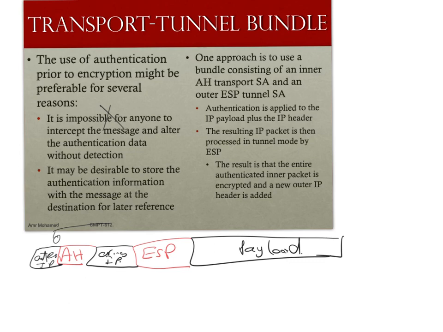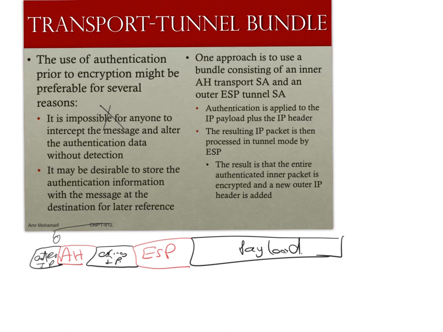Okay. So one approach is to use a bundle consisting of an inner AH, which is the one that I'm talking about here, inner AH transport and an outer ESP tunnel, or the other way around. So the standard actually allows all combinations to happen. Authentication in that case is applied to the IP plus the IP header, okay? And then the resulting IP packet is processed in the tunnel mode by ESP, which means that it gets encrypted and so on.